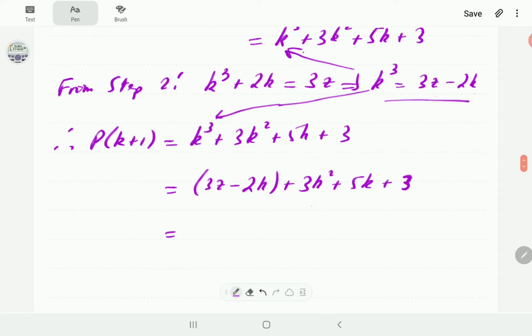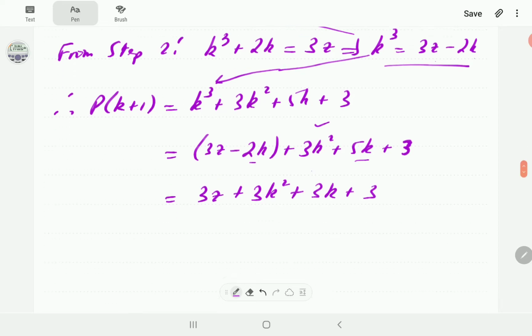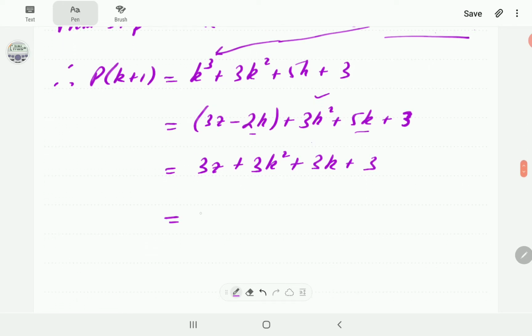Then on removing the brackets, we're going to have 3z. This and this is going to give us 3k. So this 3k squared is this one, and then the k terms will be 3k, and then plus 3. So what we have here is 3 into z plus k squared plus k plus 1.